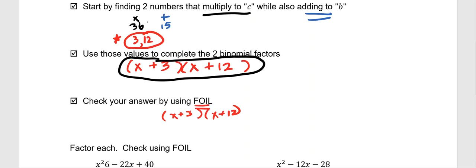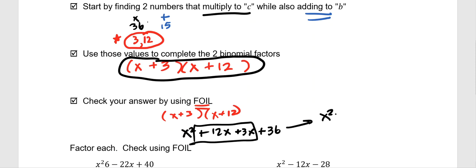If I wanted to prove that to be true, I could just take x plus 3 and x plus 12, and if I FOIL, I should wind up back with the trinomial I started with. Let's prove that. X times x is my first term, x squared. Outside, x times 12 is 12x. Inside, 3 times x is 3x. Last, 3 times 12 is 36. Combine my two like terms, and I get x squared plus 15x plus 36.